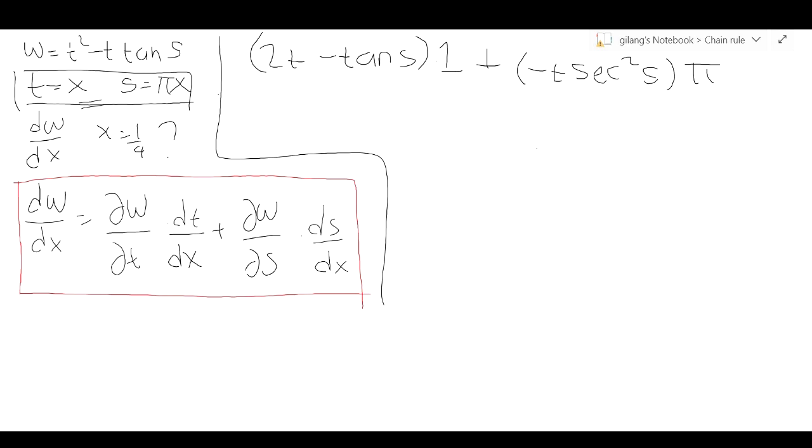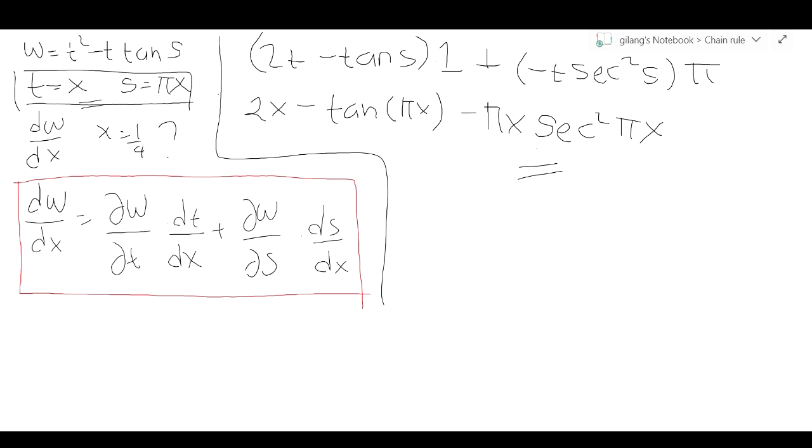So we get 2x minus tan πx minus πx sec squared πx. The question asks about when x equals 1 over 4, so we substitute 1 over 4 into this equation.